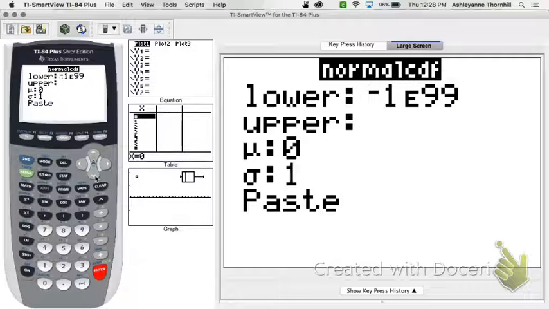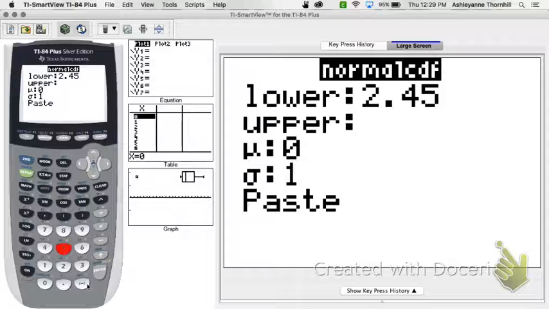Basically, the lower bound is where it starts, and the upper bound is the right side of the shaded area, with the lower bound being the left side. So in this example, our lower bound is 2.45. From there, I'm shading all the way to the right, so I'm shading all the way to infinity.